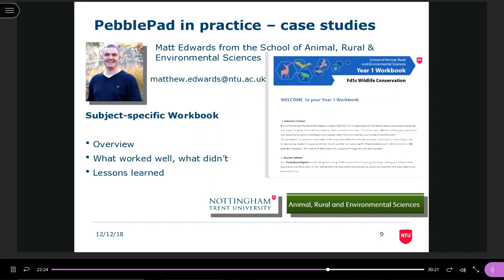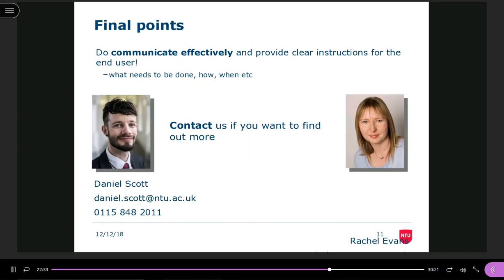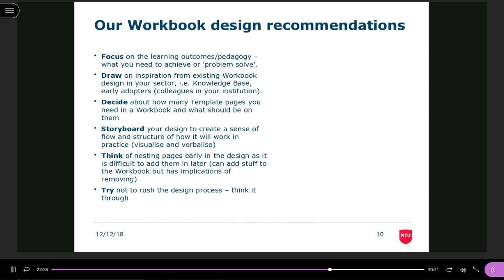So after those lovely case studies that Rachel's just gone through, the image is not appearing there. I've got an invisible image, sorry. There's a nice little graphic there, but I'll just explain it. The message with the case studies is that these academics have created the workbooks, they've thought about it, they've created something meaningful and purposeful, they've actually used it with students, they've evaluated it, they've made changes.